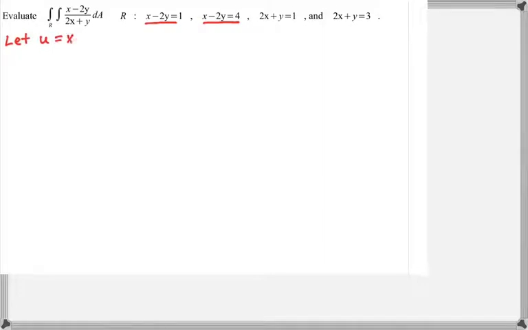So u is going to be equal to x minus 2y. So then x minus 2y is equal to 1 and 4, so that gives us our limits. And then we're also going to let v equal 2x plus y. So then that's going to give us v is equal to 1 and 3. Sorry, it wouldn't be y. That's the wrong variable. That should be v.